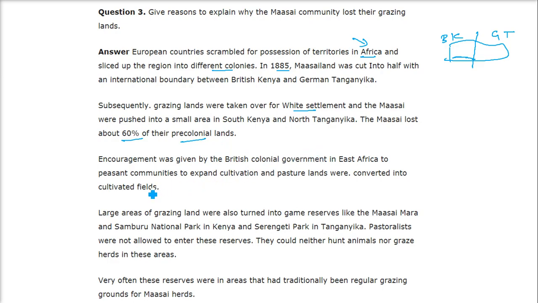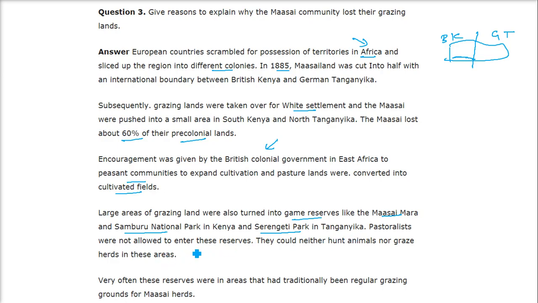Now the peasant communities were encouraged by the British to expand cultivation, and pasture lands were converted into cultivated fields. Those areas which were large for grazing were turned into game reserves, like the Masai Mara, the Samburu National Park in Kenya, and the very famous Serengeti Park in Tanganyika, Tanzania.